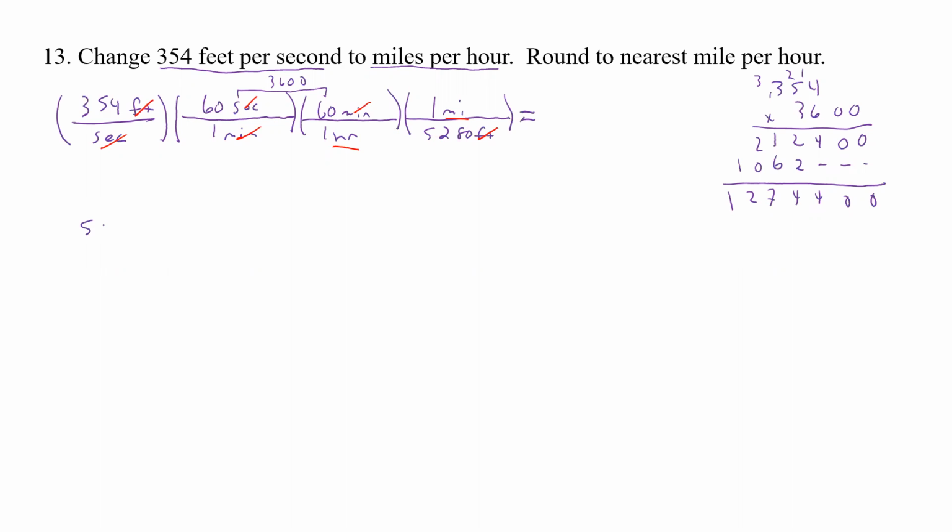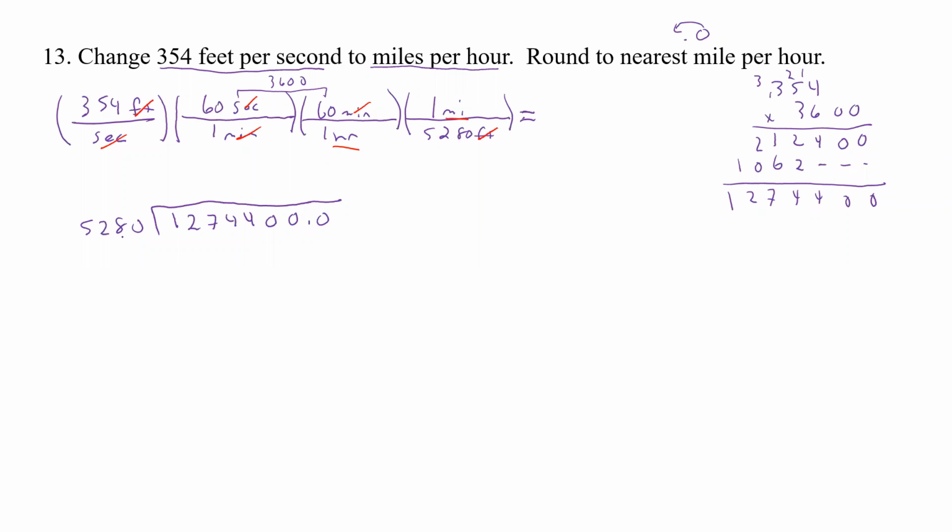So 5,280 into 1274400, and we'll need one decimal place to get the round up to the nearest mile per hour.